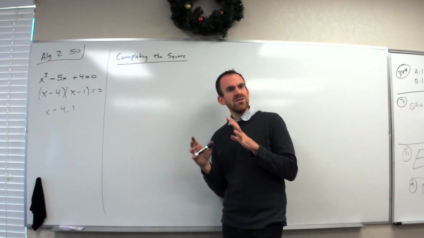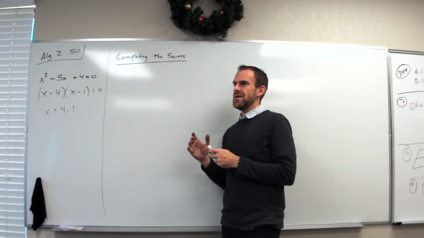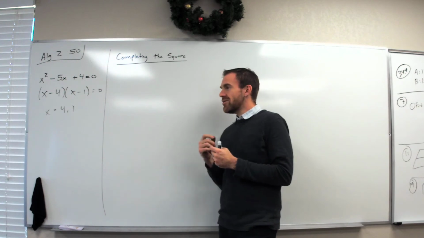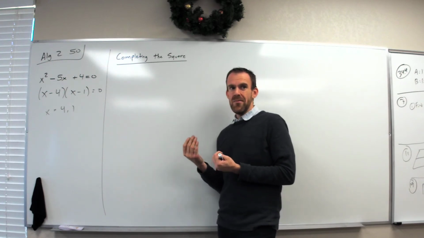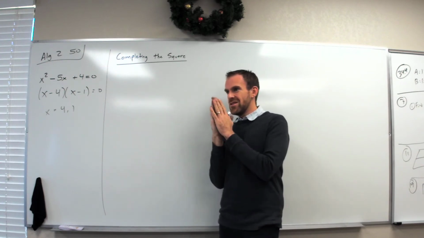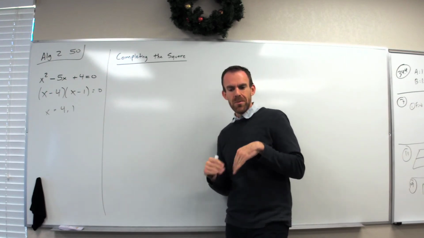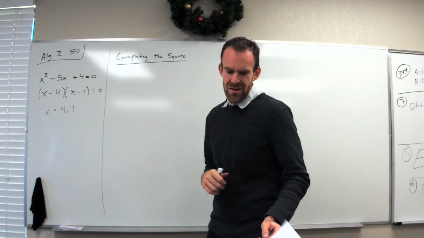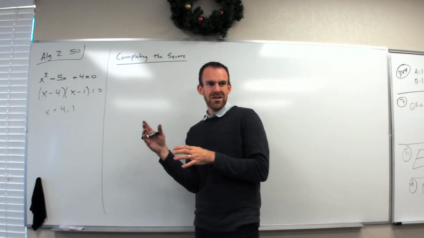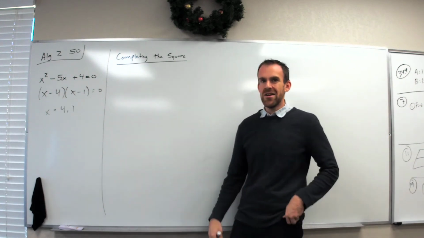And so we use this method to really determine the solutions for any equation that has an x squared in it, okay? Now, I'm gonna give you the super basic, easiest way to do this possible, and then we will build upon it, and I will show you why we are doing these random steps. Some of you are gonna want to know why, and some of you are gonna be like, I don't care, give me the steps.